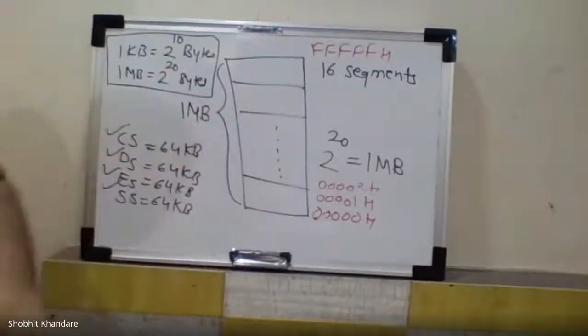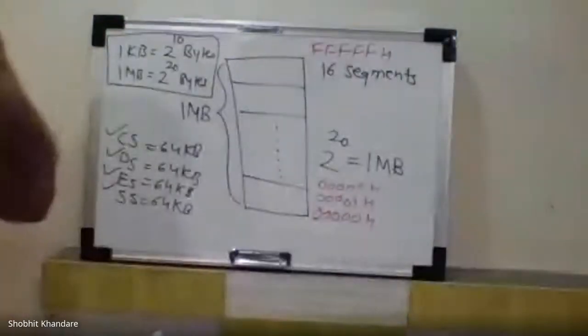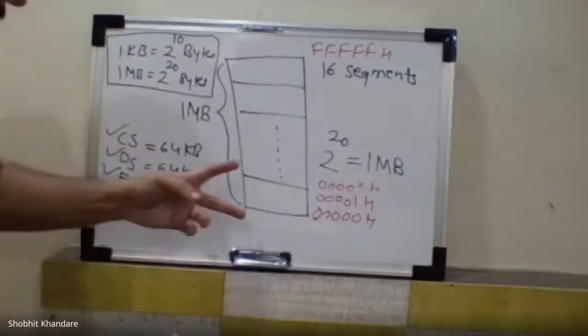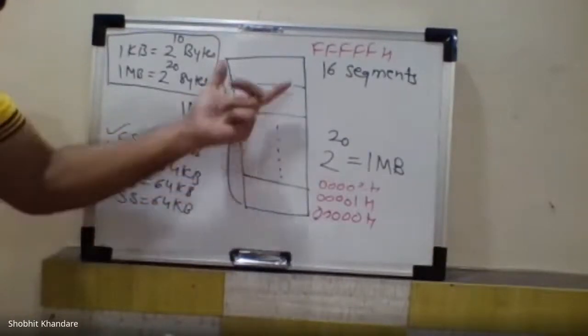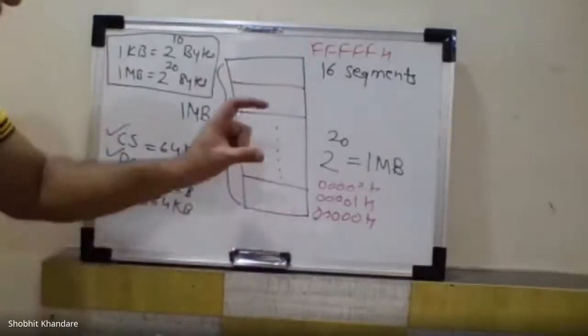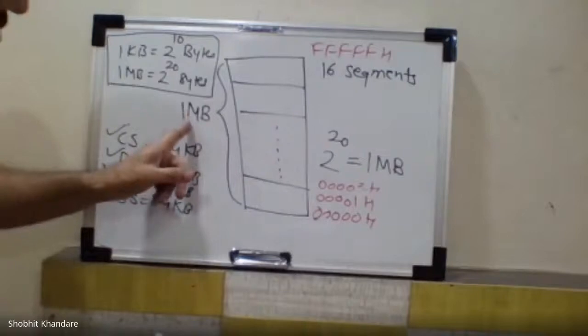Just remember that this is because of accessing one chip of 1 MB. When you go to the market to buy an SD card or micro SD card, you take 2 GB, 4 GB. Now here it is the same thing. I go to the market to buy 1 MB of memory, and the shopkeeper will give me 1 IC of 1 MB.